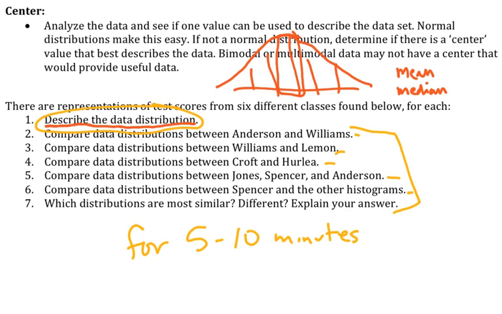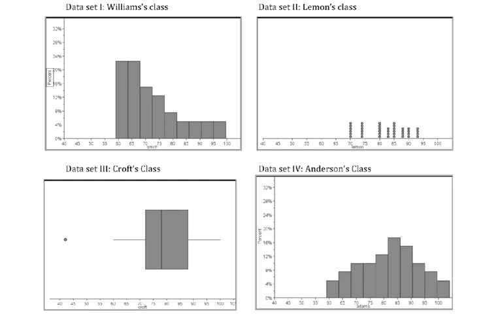All right, so let's talk about these. If we look at Williams's class, the first thing I'm going to notice is it's bimodal here, because it's got two modes. Its shape is skewed to the right. I'm not really seeing any outliers in any direction.